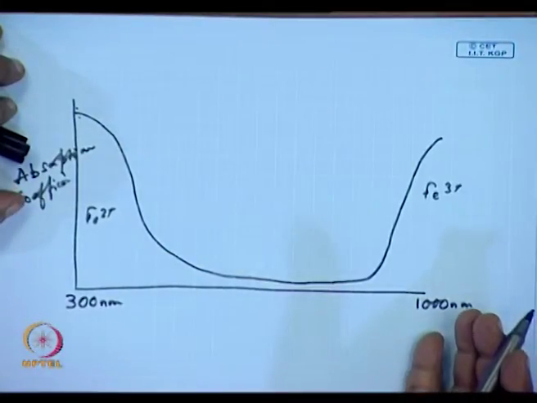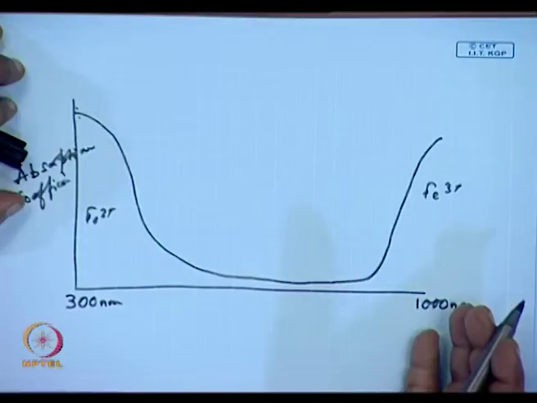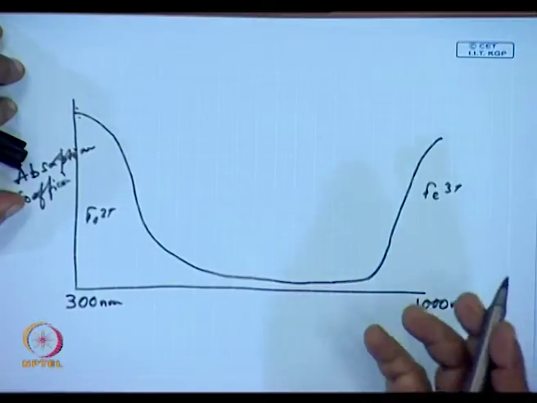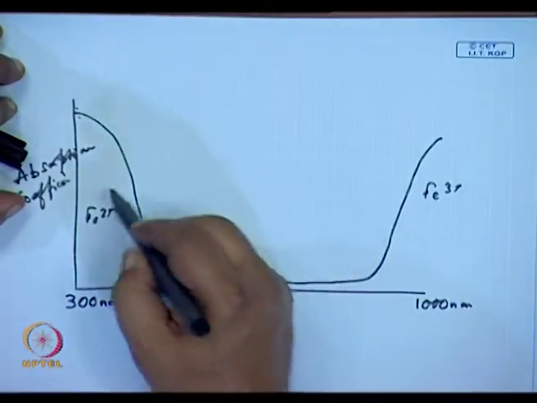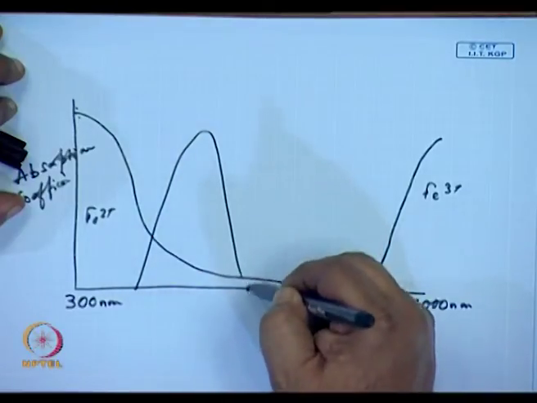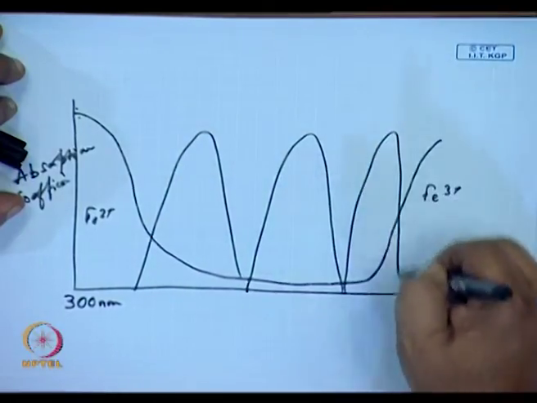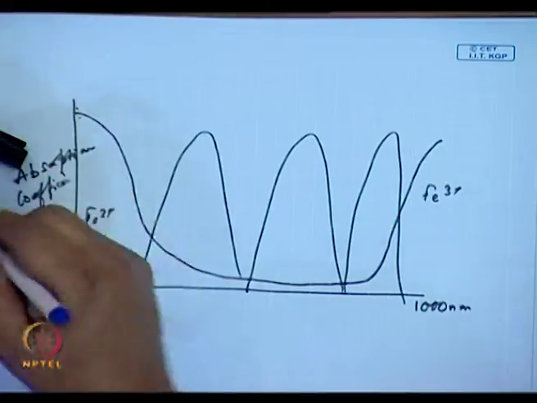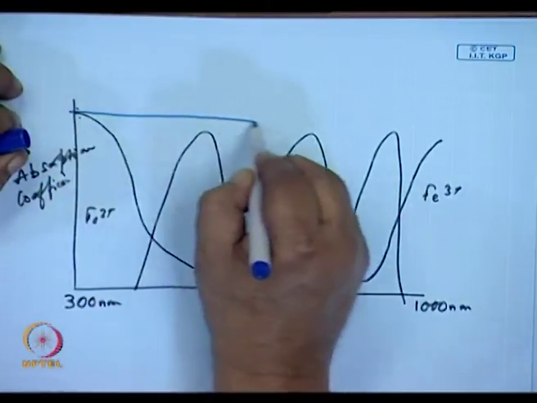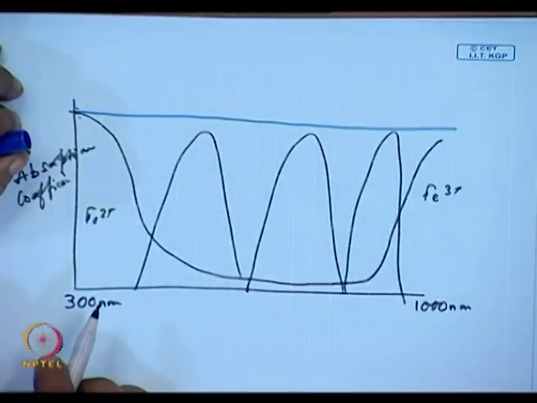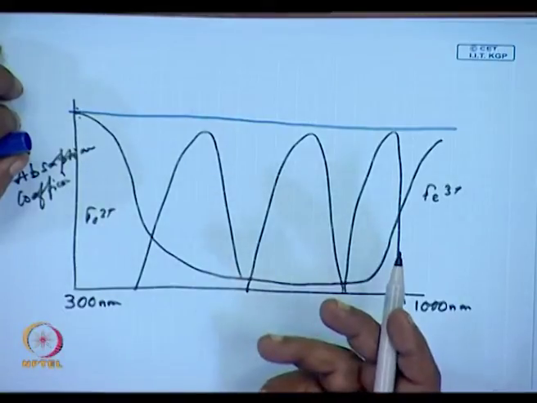This glass would appear yellow. So, what people do at times is add materials which would absorb in this region, and as a result the absorbance would be flat, as if the glass is not colored.